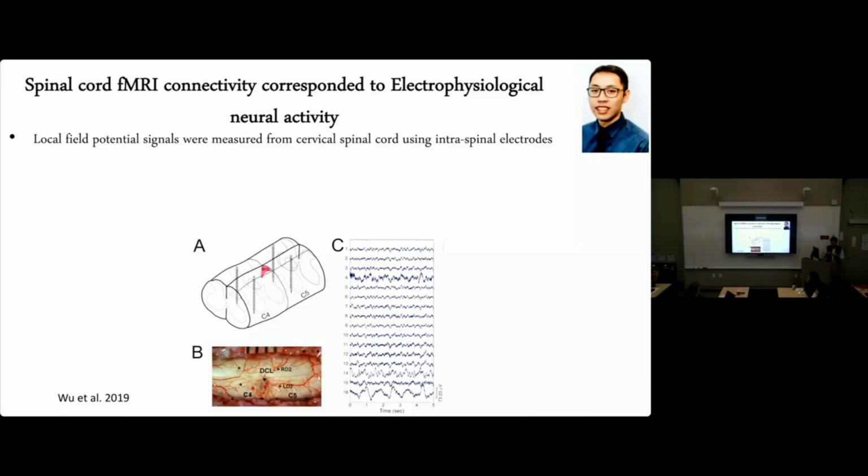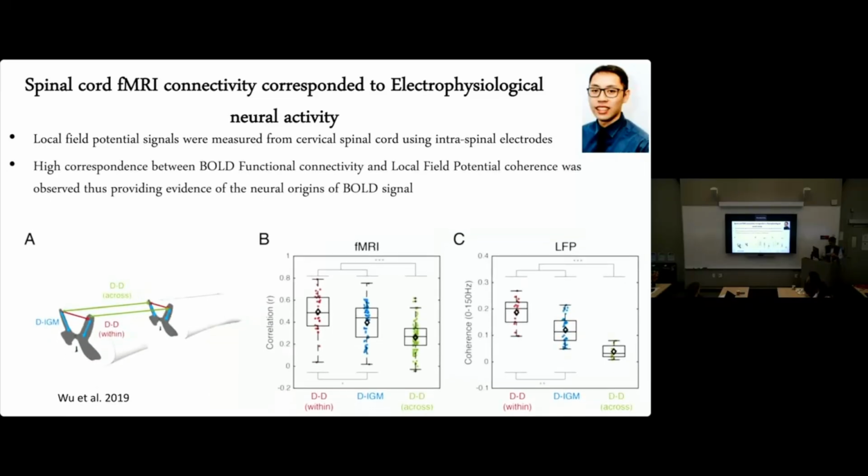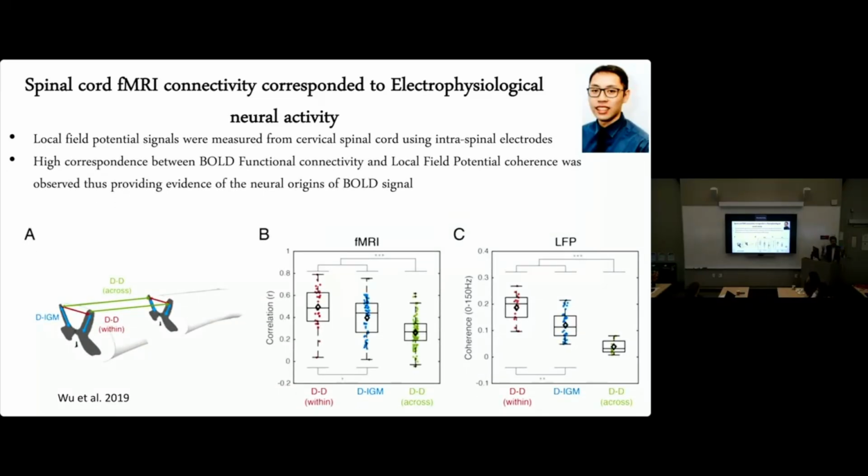So one of our grad students took intraspinal recordings of electrophysiological signals, the local field potential signals, and he observed that there is a very high correspondence between the fMRI connectivity and the LFP-based coherence connectivity between the different regions, which further provides evidence of the neural origins of this BOLD signal that we are observing in the spinal cord.